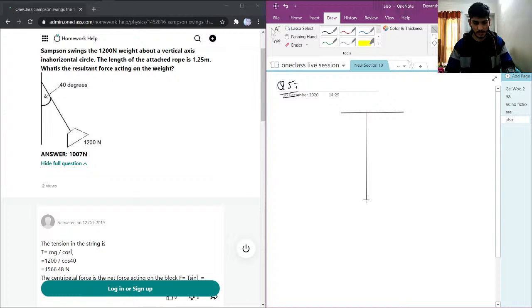This is the vertical, this is the rope, the body, a box. This box has a weight of 1200 Newton, and this angle is given as 40 degrees.